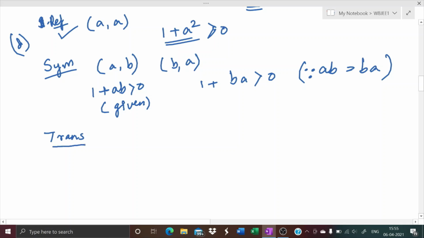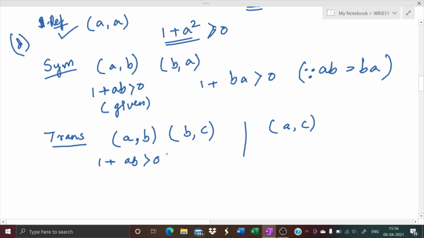Now we will see for transitive. For transitive, what you have to check is, if you have been given (A, B) and (B, C), then you have to check whether (A, C) satisfies the given relation or not. Now for the first one I can write 1 plus AB greater than 0, and for the next one I will write 1 plus BC greater than 0.